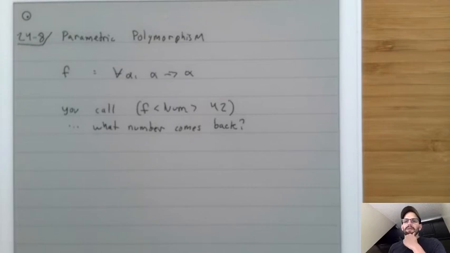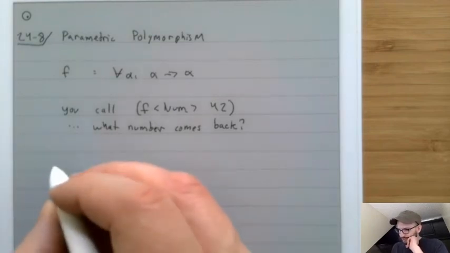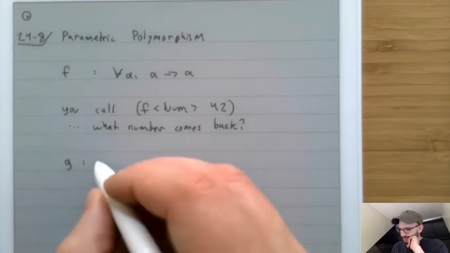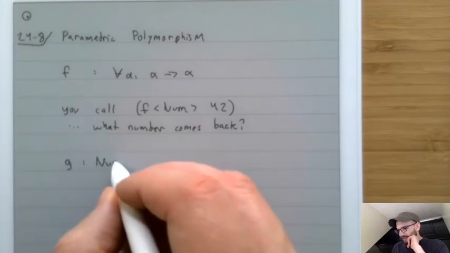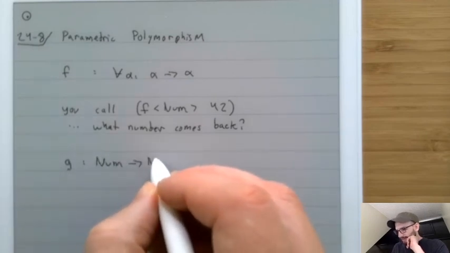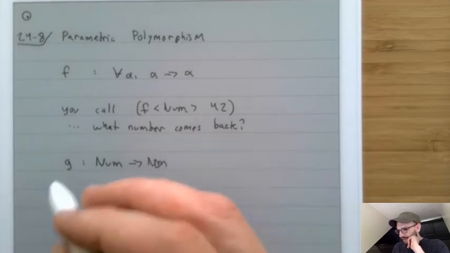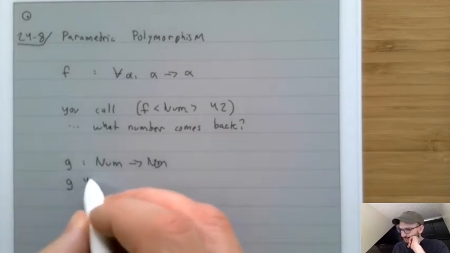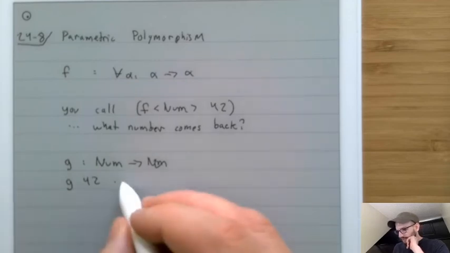So think about that for a moment. Before you jump to an answer, think about an alternative function called g, and its type is number arrow number. And you called g of 42. Could you tell me what number comes back?